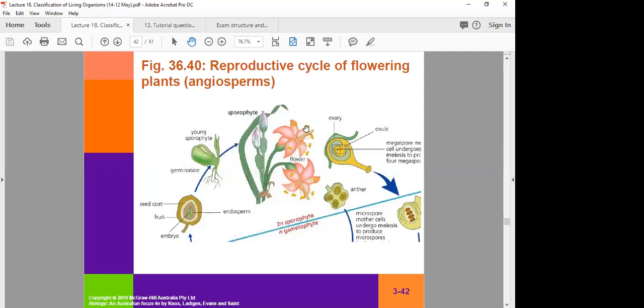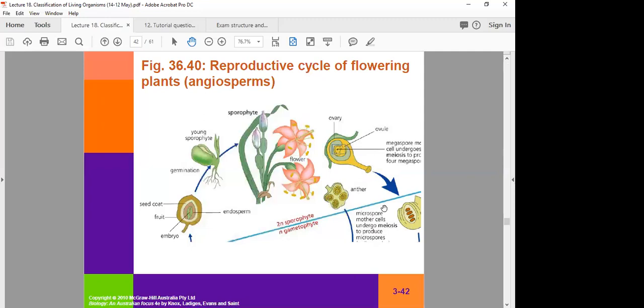And then one of these little stalks here, that's the male reproductive part of the flower, and here it is enlarged, the anther. So within the female carpel, you can see this region here is referred to as the ovary. The ovary contains one or more ovules, and inside the ovules are one or more egg cells.